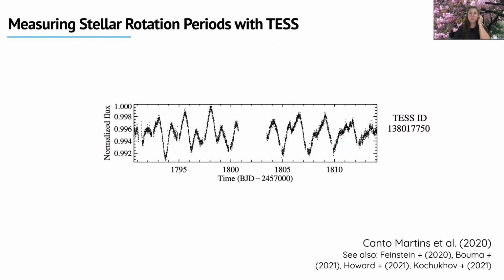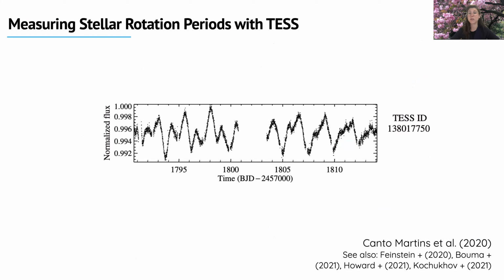So let me start with this figure from Canto-Martins et al. 2020, which shows a beautiful TESS light curve, which is a sort of perfect example of how rotation manifests in the TESS light curves of stars.